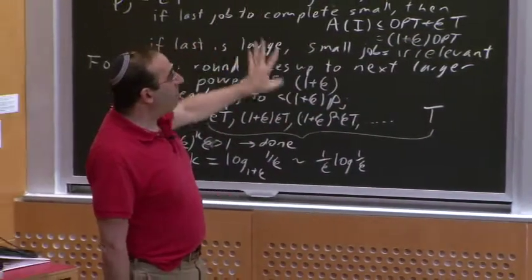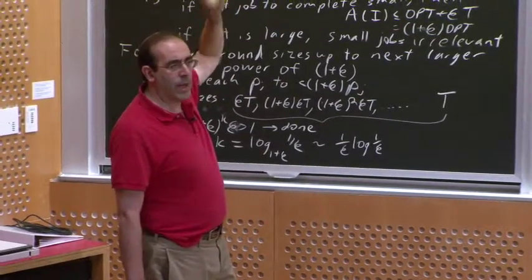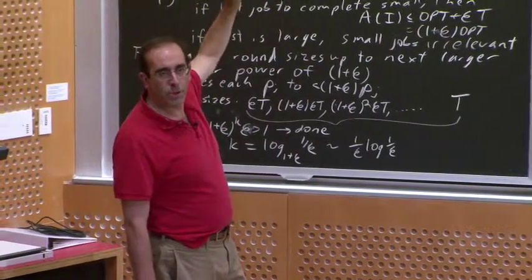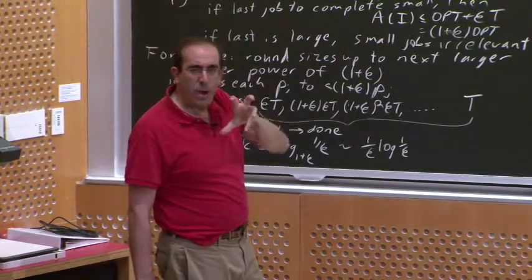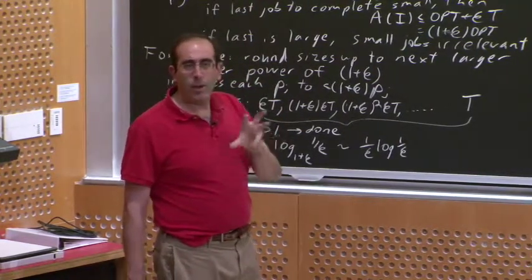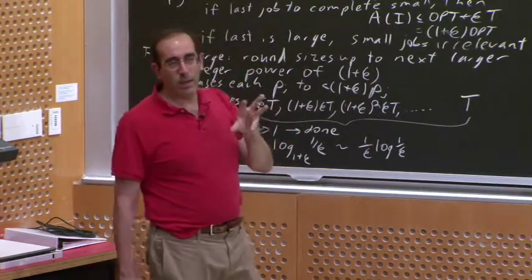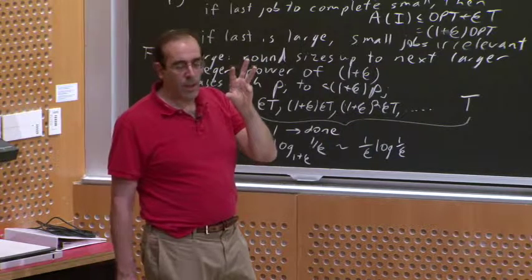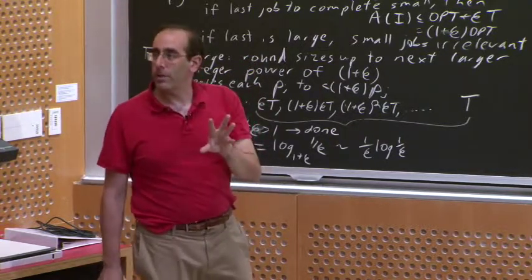So this technique that I've just shown you, this sort of rounding and brute force enumeration of all possible solutions involving the big parts of the problem, is again quite general. And in fact, it's general in the same sense as the pseudo-polynomial algorithms were when we were looking at fully polynomial approximation schemes.